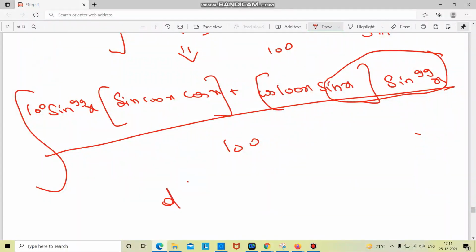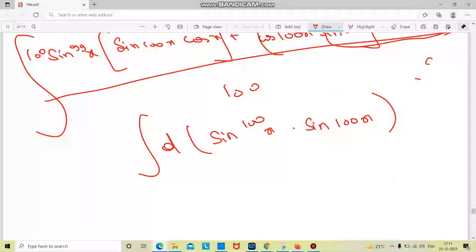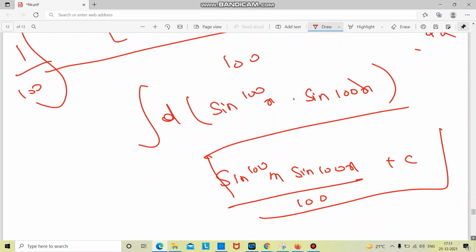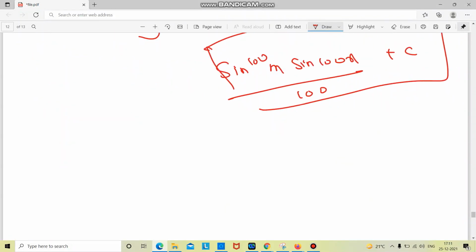And now you will see that this is actually a differentiation of a particular term, which is the differentiation of sin 100x into sin 100x. It is the differentiation of this. So our answer is sin 100x into sin 100x by 100 plus c. Because we multiplied, we have to divide also. This is our answer. Now we will move to the next question.